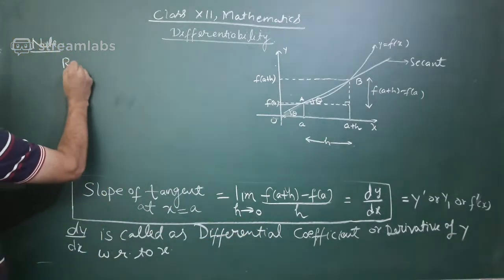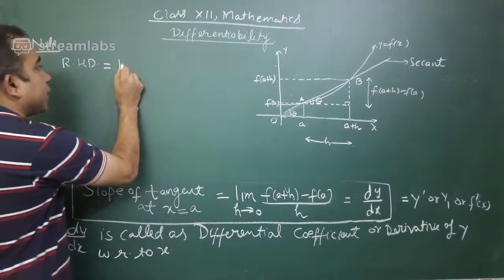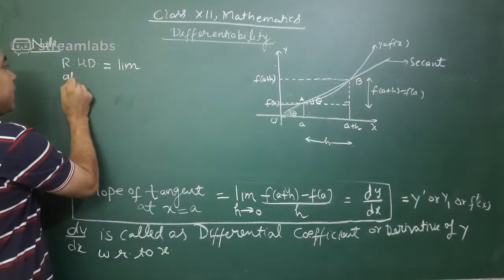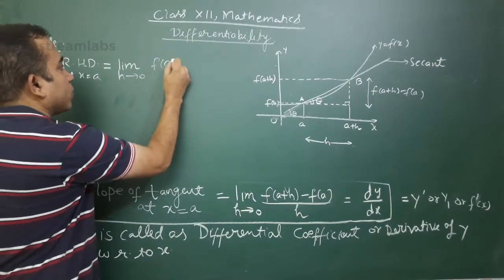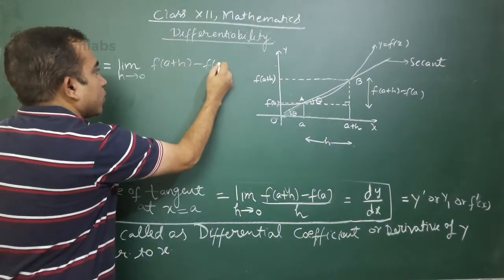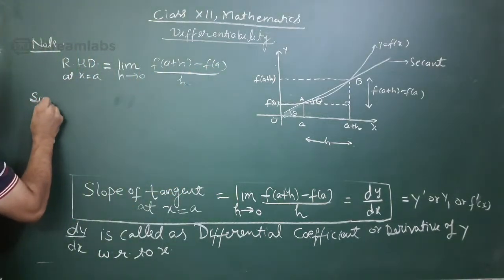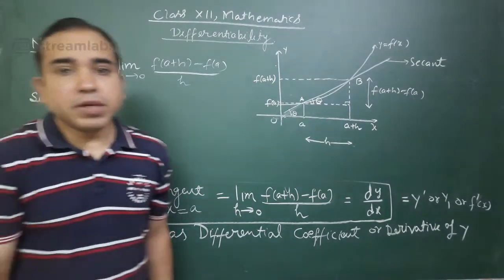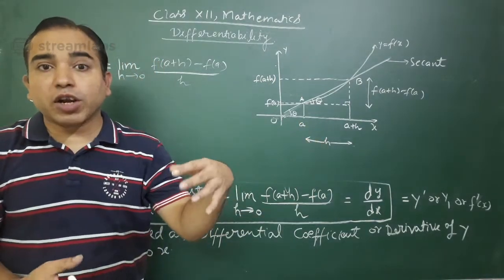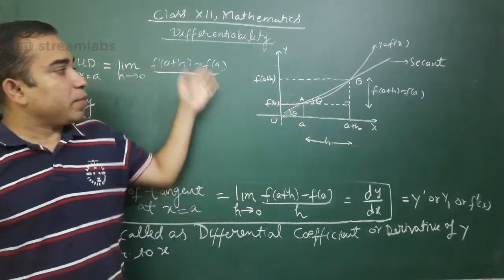So this right hand derivative is nothing but the same thing. Let me write again at a. Now similarly, means the same figure we can draw for the left hand derivative also. Instead of a plus h, I can take a minus h like this.